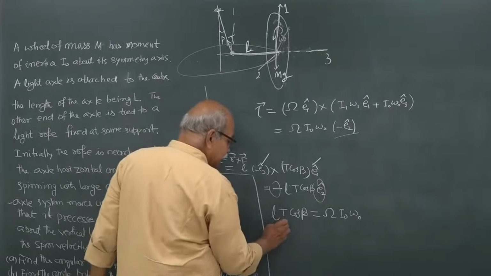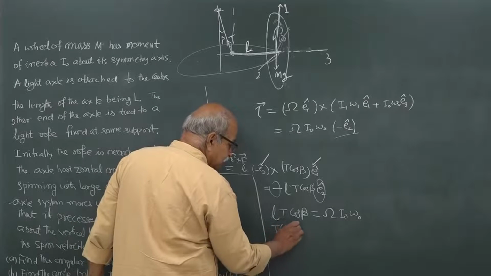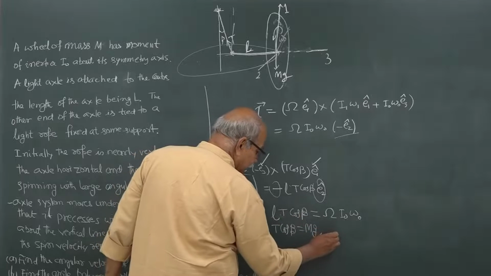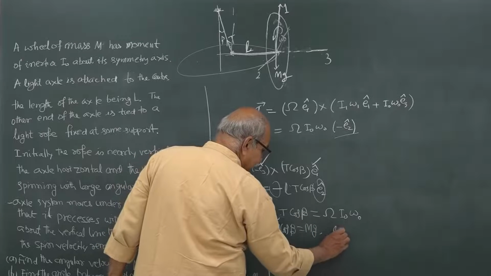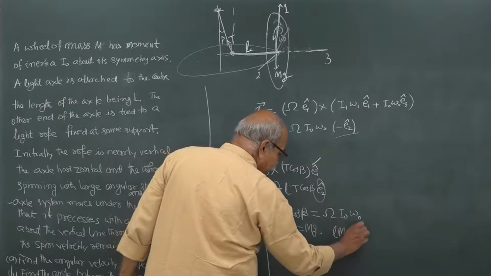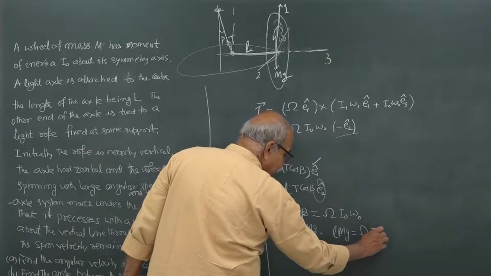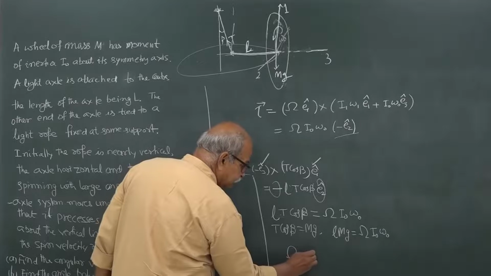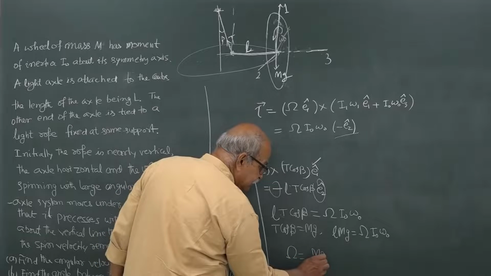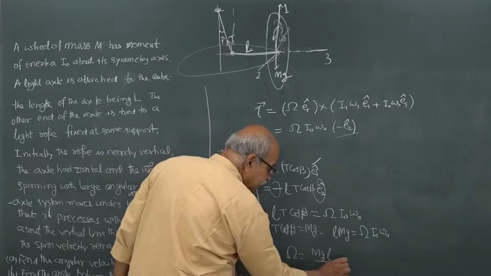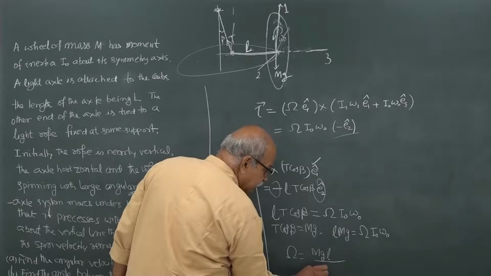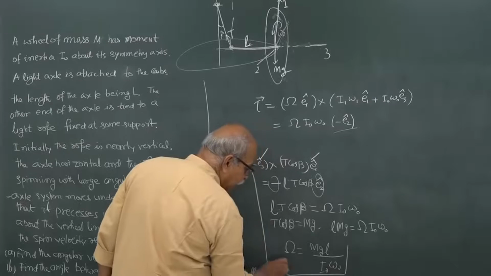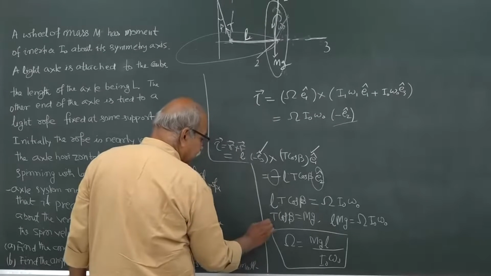And therefore, this equation now becomes l into m into g is equal to capital omega I naught omega naught, and therefore, capital omega is equal to m g l divided by I naught omega naught. So, this is the answer of part A.